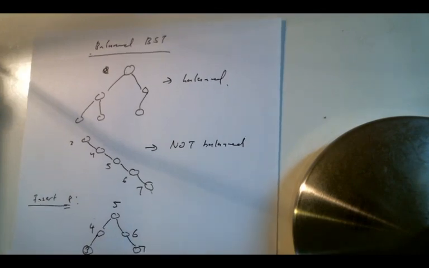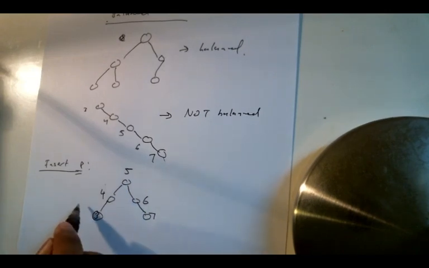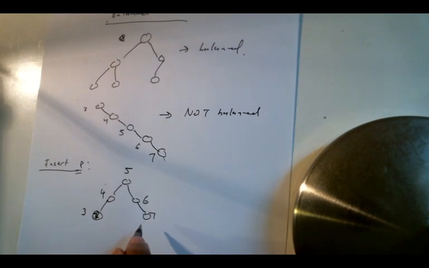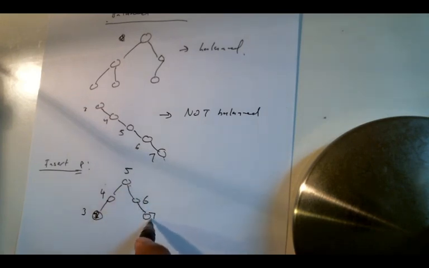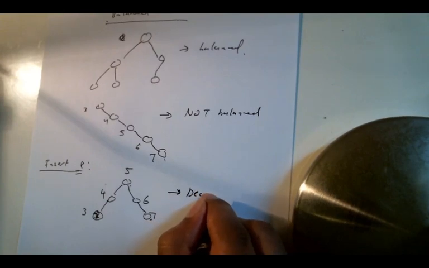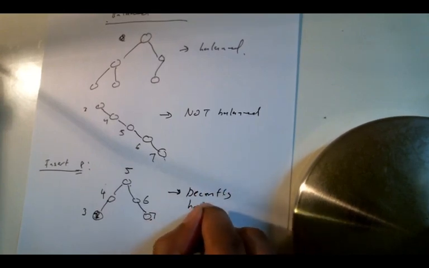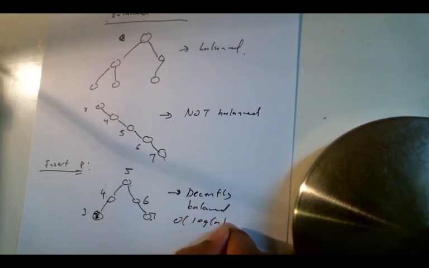Okay? So this would be a nice way that if I had to insert 8, it wouldn't take too long, right? Something like this wouldn't take that long, right? Because I only have to go through 2 comparisons to get there. So this would be decently balanced. So this would mean O log n insertion.